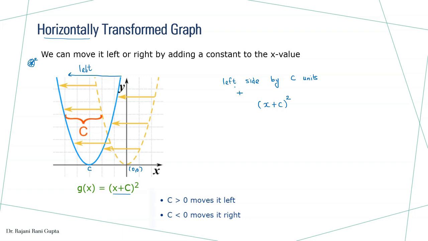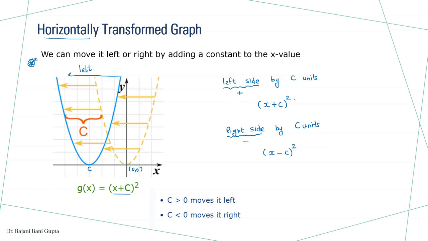So if on the left side it is plus, can you tell me what it will be if I say right side by c units? So for left side, if you denote plus, then right side means minus and c units. So it will be x minus c, whole power 2. So you need to remember that right side means minus, left side means plus.